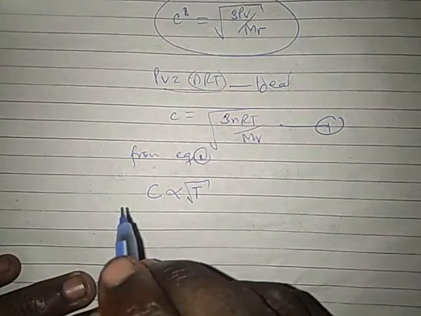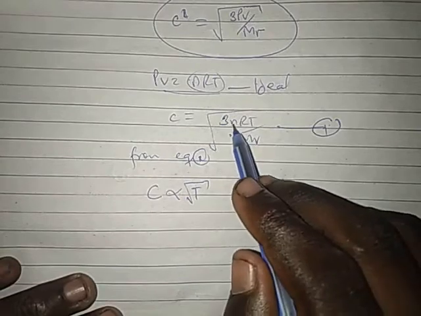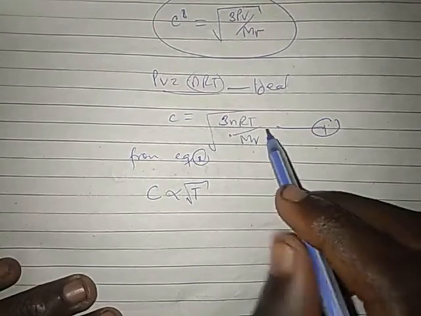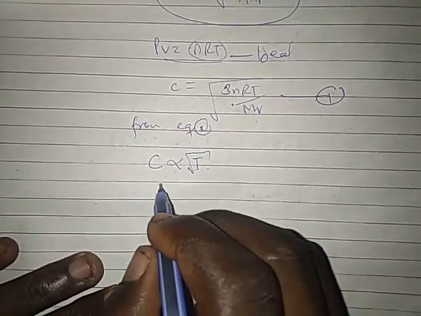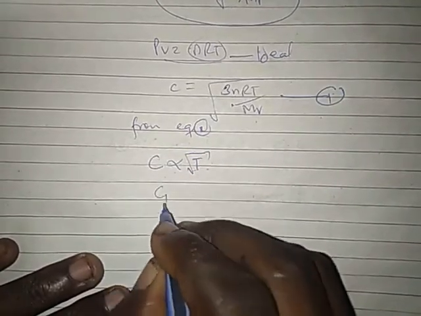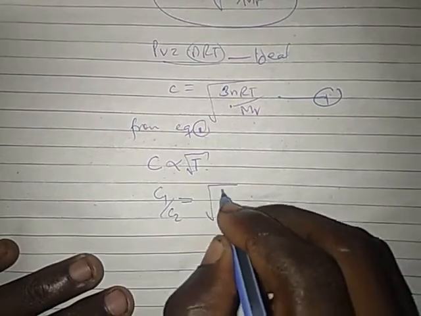Because the number of moles and molar mass remain constant, C is directly proportional to the square root of the temperature. So what can we say? C1 divided by C2 is equal to the square root of temperature 1 divided by temperature 2.